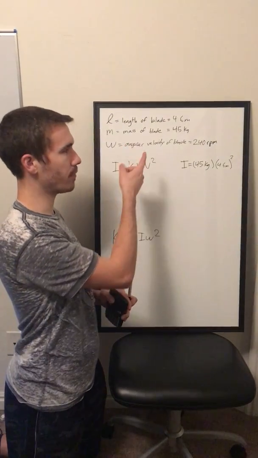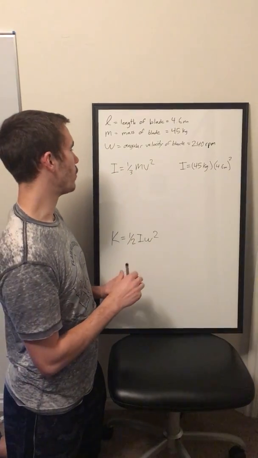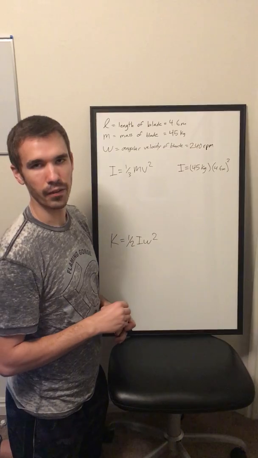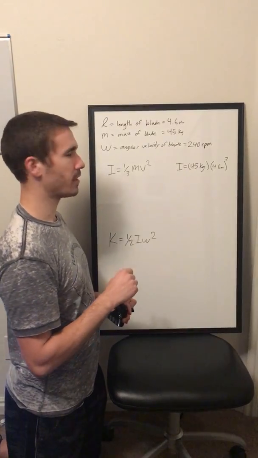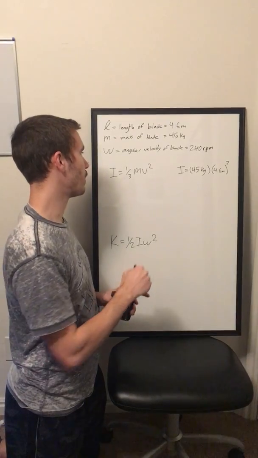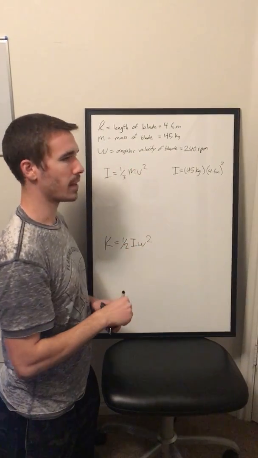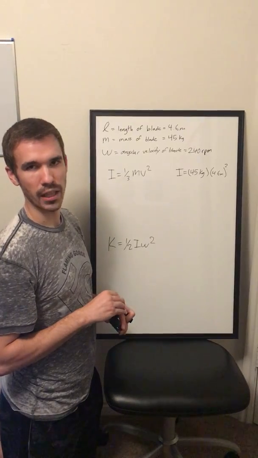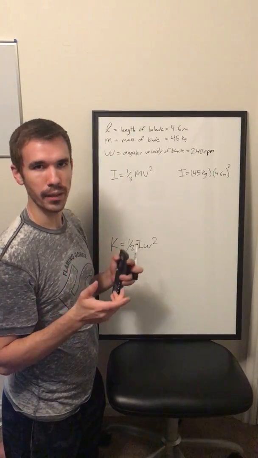And so using the information we were given in the problem, we should be able to solve for our rotational inertia of the blade. But because there are 3 blades, what we can do is times this by 3 to get the rotational inertia of the blade assembly.